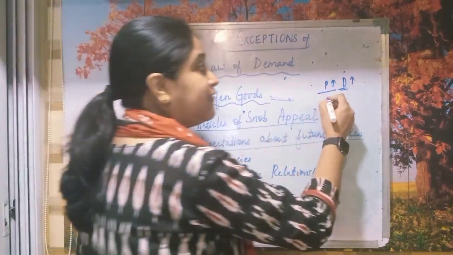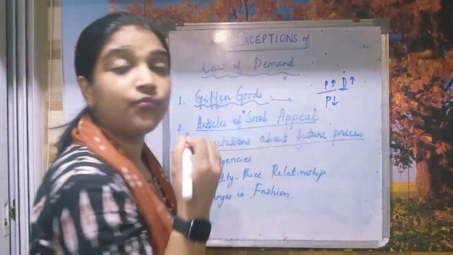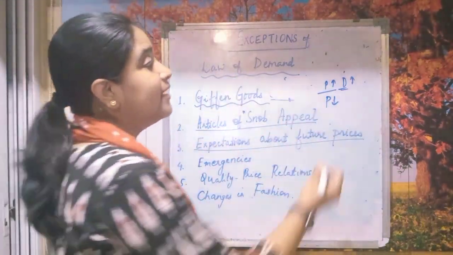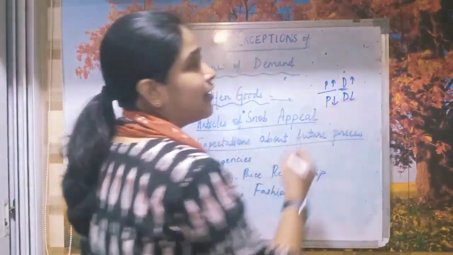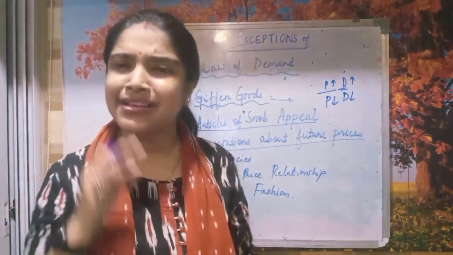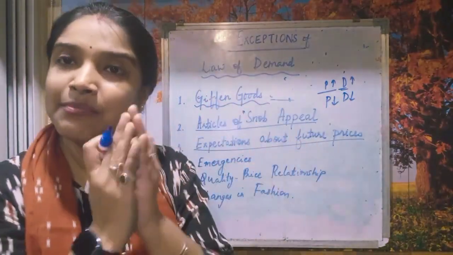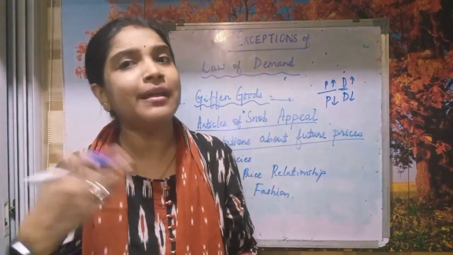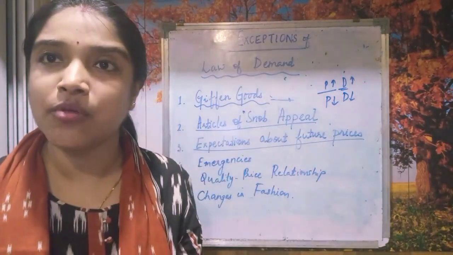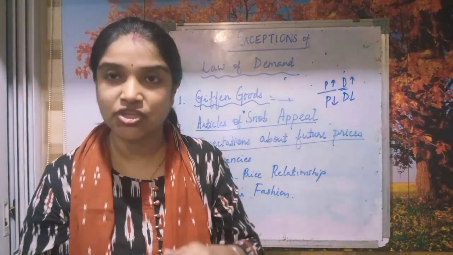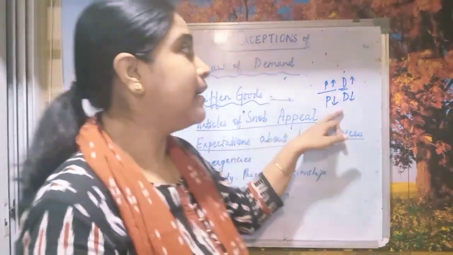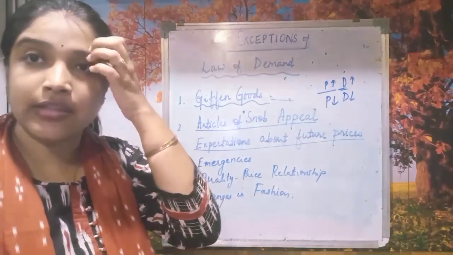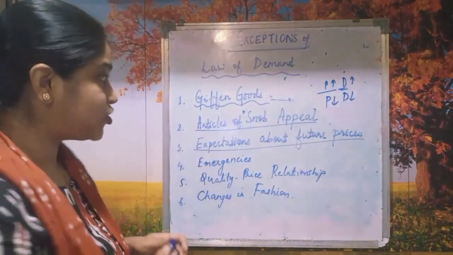Similarly, if the prices are expected to fall for the product, then the demand will also fall. The consumer becomes lazy, the consumer thinks that it's okay, let me not buy the product now, because it is expected to fall, so I can buy it tomorrow, I can buy it day after tomorrow. He does not think much. So that is why this is not following the law of demand, it is an exception.